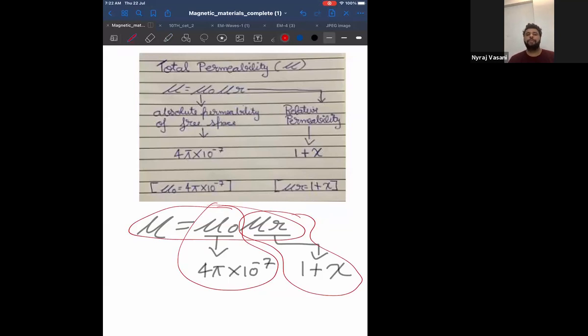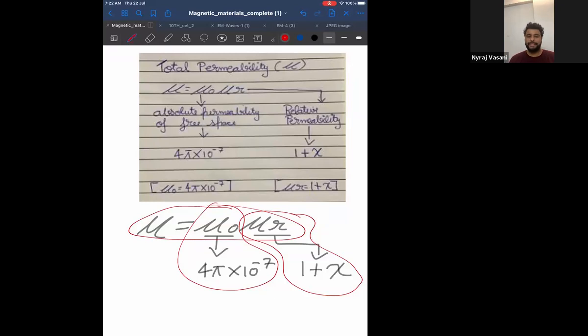Total permeability mu is given by the formula mu naught into mu r, where mu naught is absolute permeability and mu r is relative permeability. And for absolute permeability mu naught, the value is 4 pi into 10 power minus 7, and the relative permeability formula is 1 plus susceptibility.